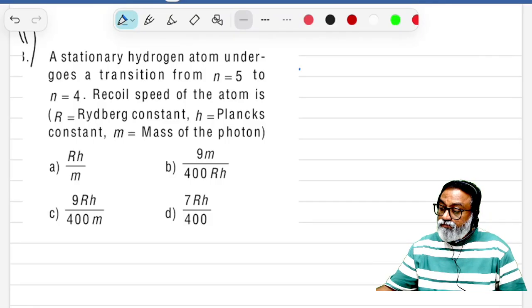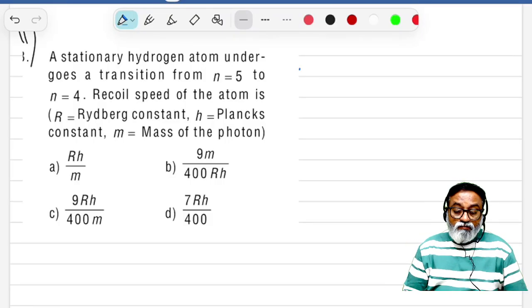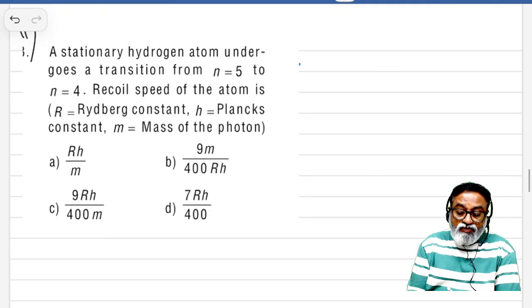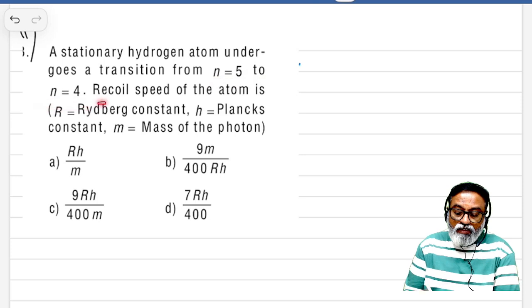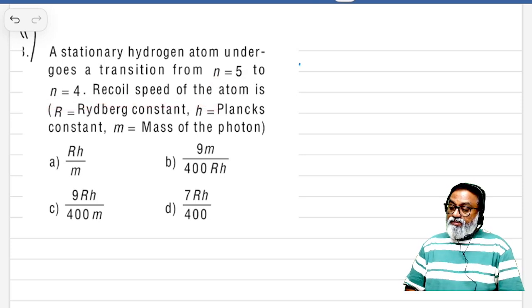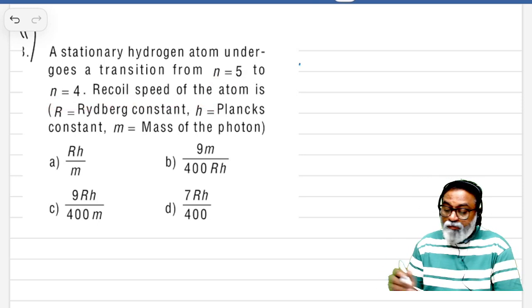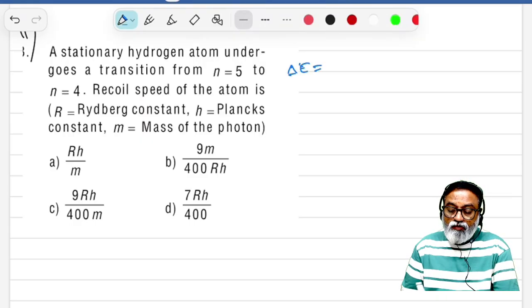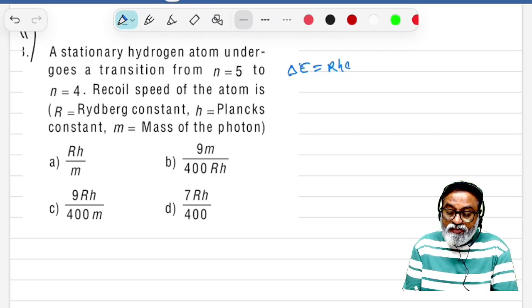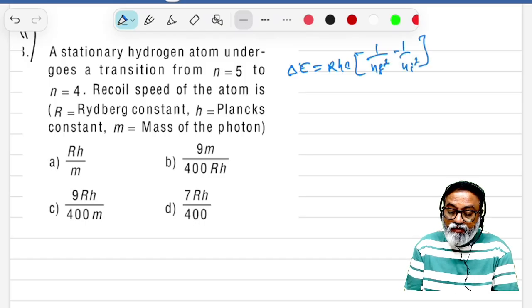Next. A stationary hydrogen atom undergoes a transition from n is equal to 5 to n is equal to 4. The recoil speed of the atom is, see here, first delta E is equal to RHC into 1 by n final square minus 1 by n initial square.